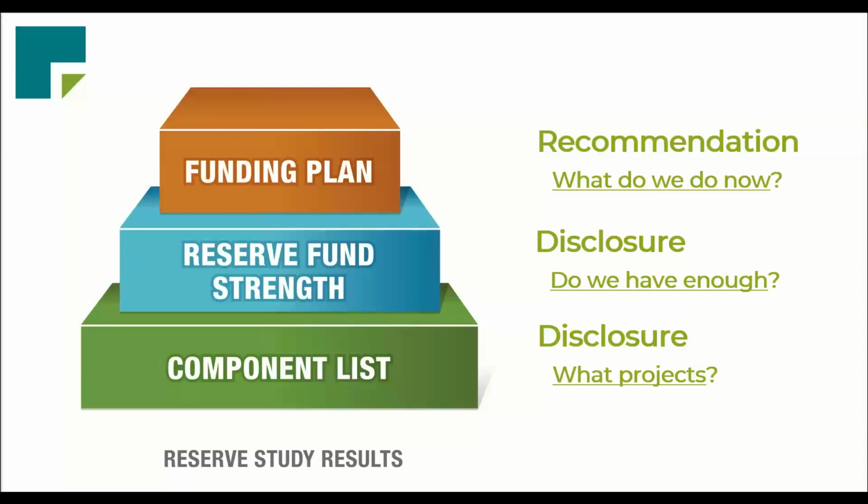So you can see how these 3 parts fit together, going from the top to the bottom. Recommendation is, okay, what's our plan of action? And then that's based on what's our starting point? Do we have enough cash? Are we behind to start with? Or are we at a good position financially to start with? And the disclosures, of course, what projects are we dealing with? How big is the mountain range that we're trying to climb here?